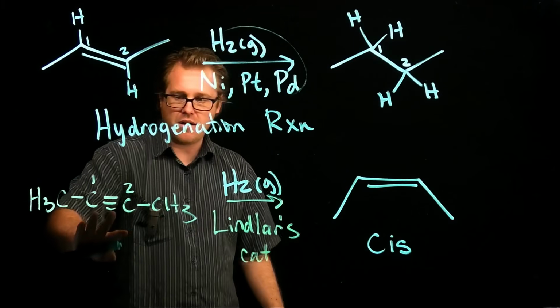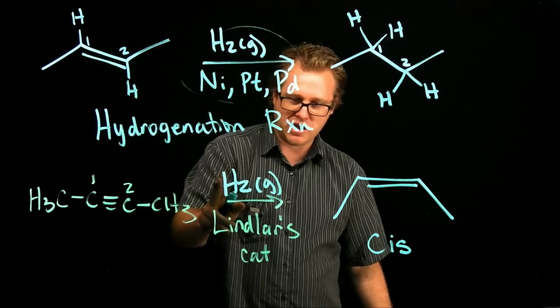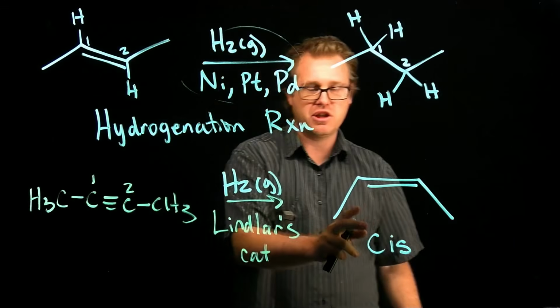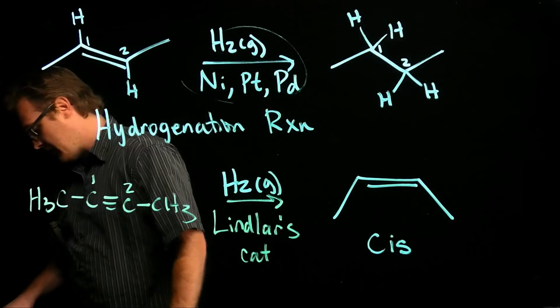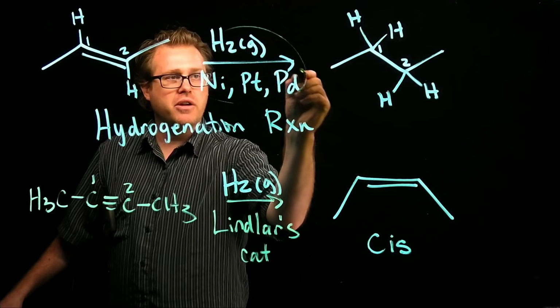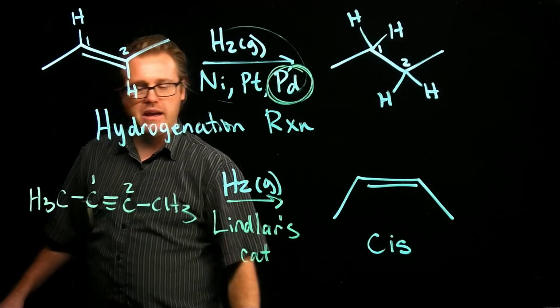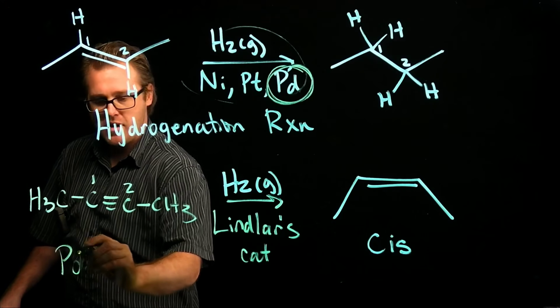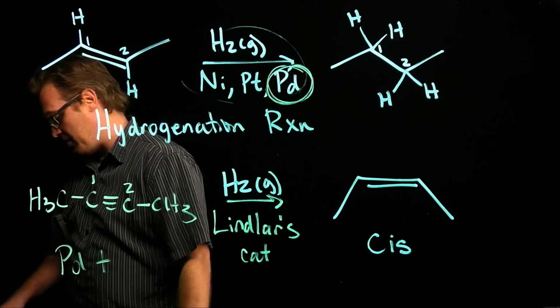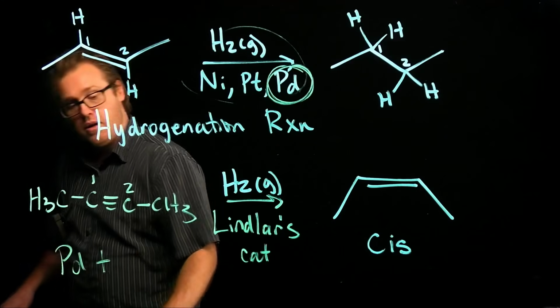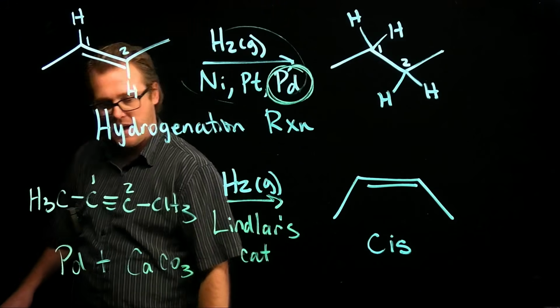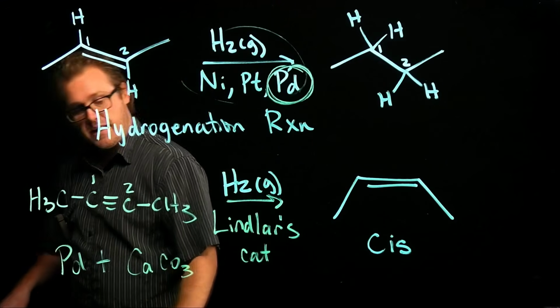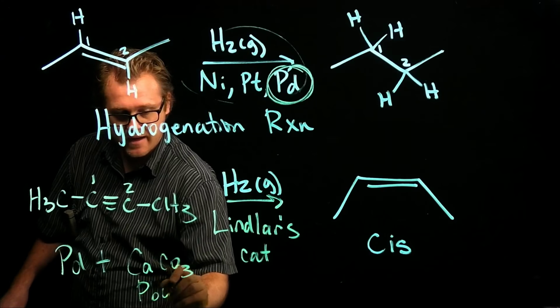So if you take an alkyne, treat it with hydrogen gas, Lindlar's catalyst, you will generate a cis alkene. And Lindlar's catalyst is simply, you're going to use palladium, right? So you take palladium and you mix into that palladium the poison, which is going to be calcium carbonate right there, and trace amounts of lead oxide.